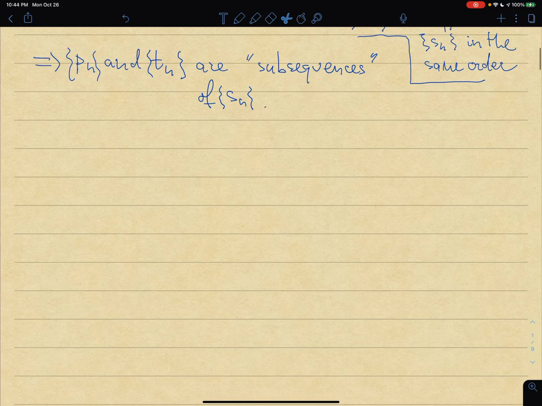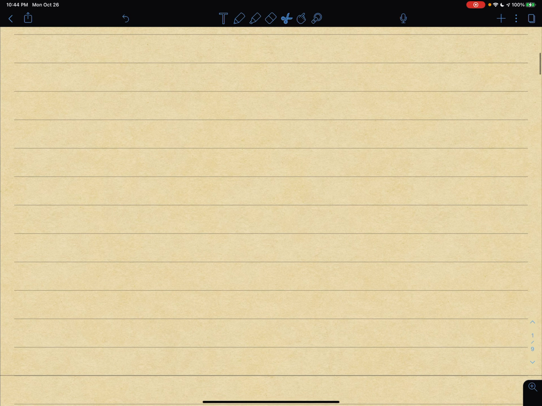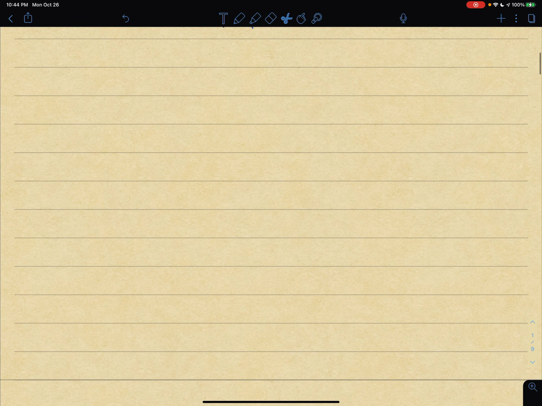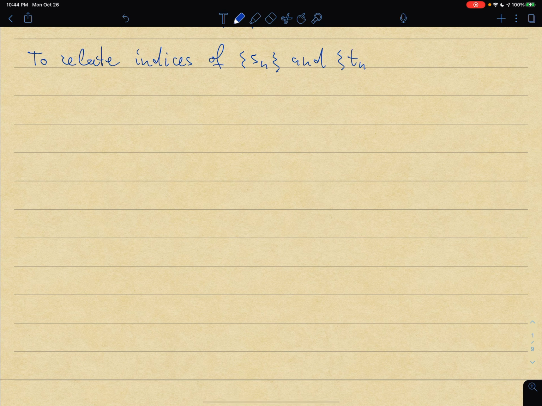And the way I'm going to do that, I'm going to continue the same example. To relate indices of Sn and Tn, for example, we can do the same thing with Pn later on.